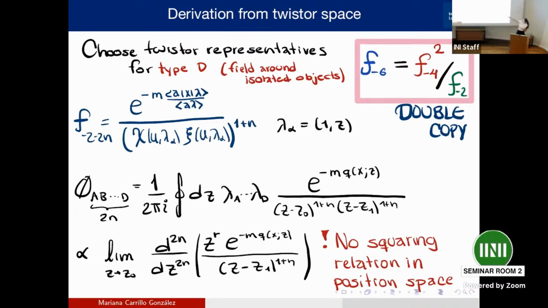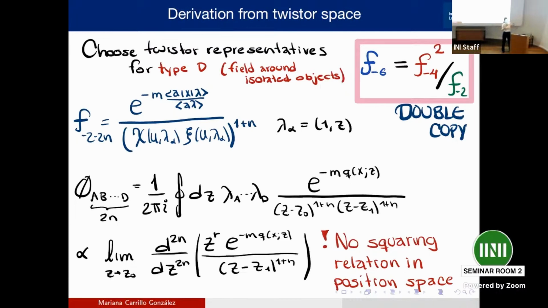But for this class of representatives, you still have a double copy in twistor space. So in twistor space the double copy relationship holds, but now we understand why it breaks when you go to coordinate space. When you pick these representatives that satisfy a double copy in twistor space and try to perform the Penrose transform, you simply don't get something that squares also in coordinate space. It's the same as going from momentum space to coordinate space.